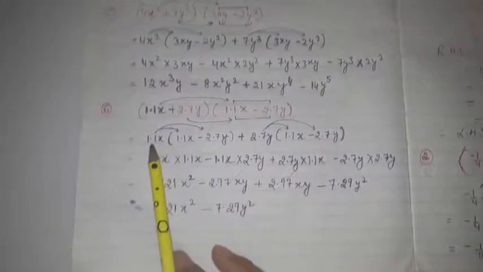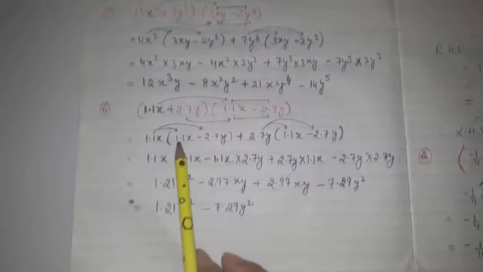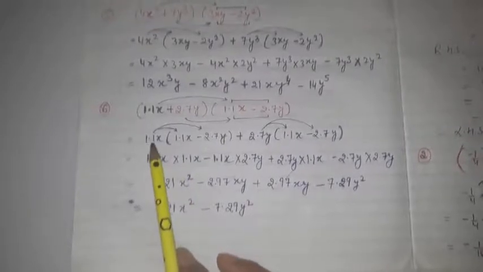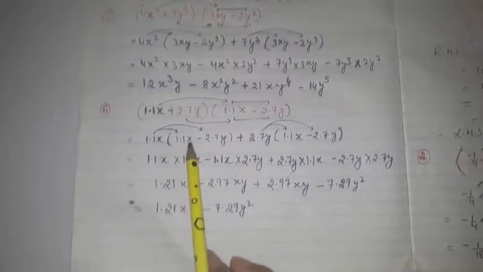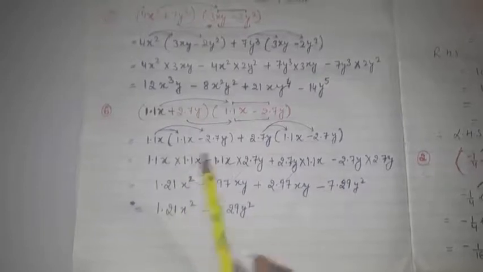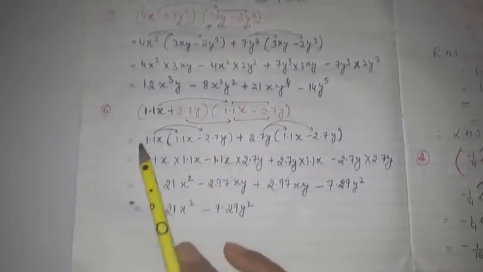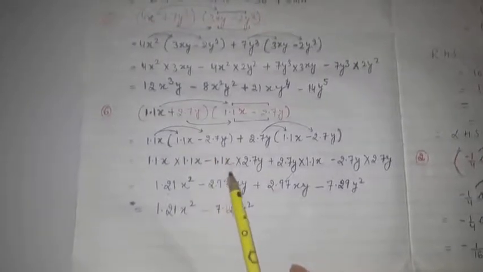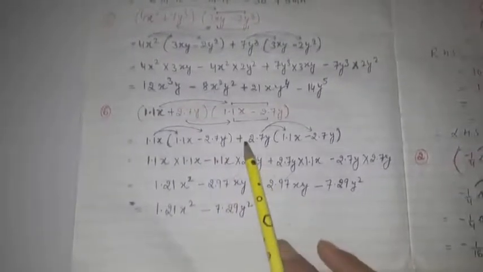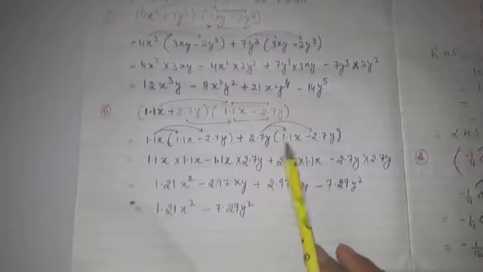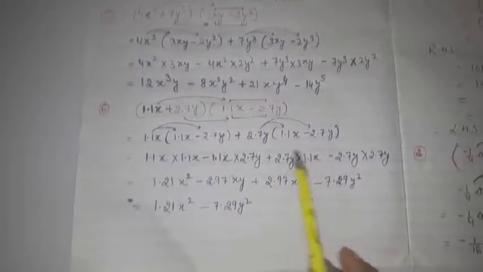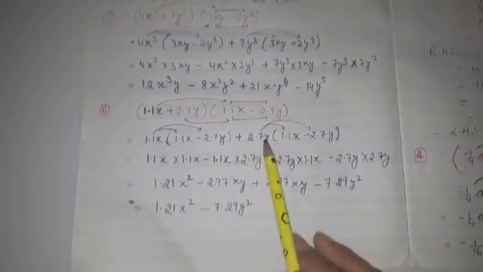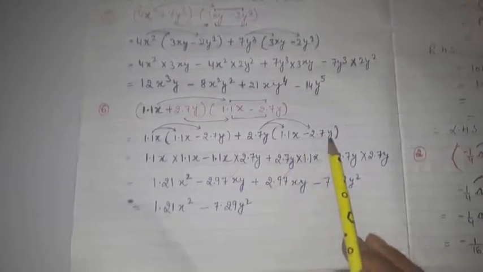Now first term monomial with the first term, that is 1.1 into x into 1.1x, then sign of minus, 1.1x into 2.7y, plus 2.7y into 1.1x, minus sign, 2.7y into 2.7y.